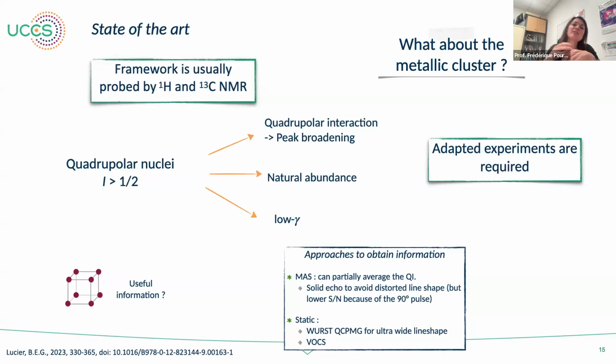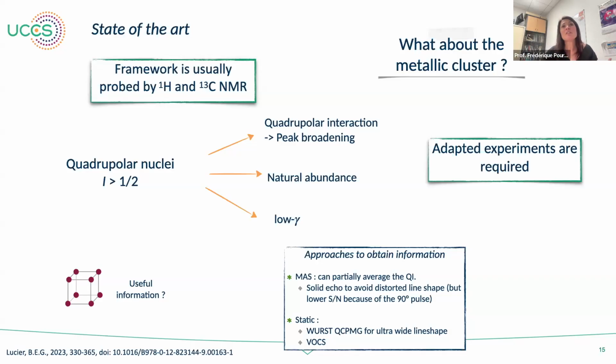In the case of oxygen-17, you will have a problem with the natural abundance. In the case of zirconium-91, you have a problem with the low gamma nucleus.